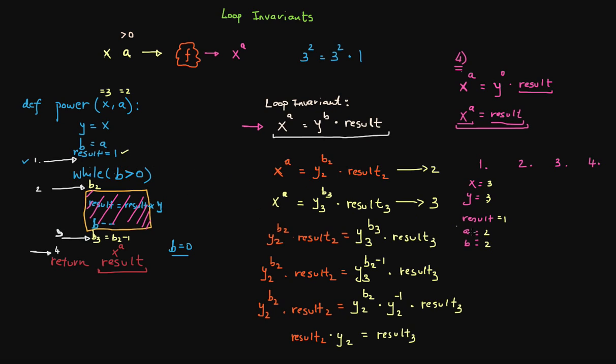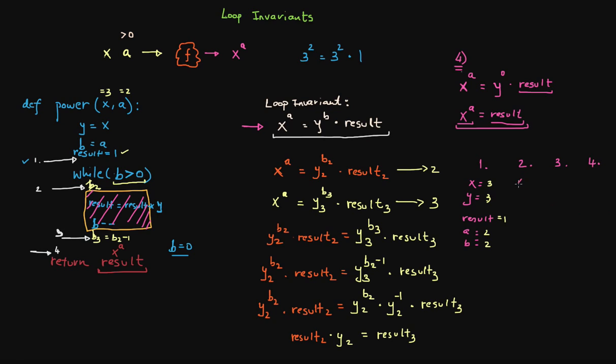My result is 1. Okay, so right at this point 1, just before the loop begins, my result must be 1. At point 2, because nothing has changed here, this condition over here has no side effect. Because it has no side effect, nothing has changed. So at point 2, I still have my x as 3.